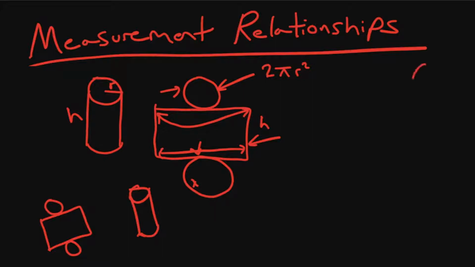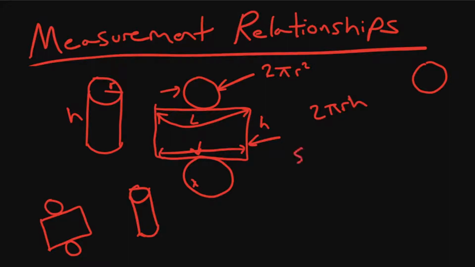The circumference of the circle, the distance around the circle, is going to be the length of this rectangle. So remember, the formula for circumference is 2 pi r, and that's going to equal the length here. But if I want length times width for the rectangle's area, I have to multiply it by the height.